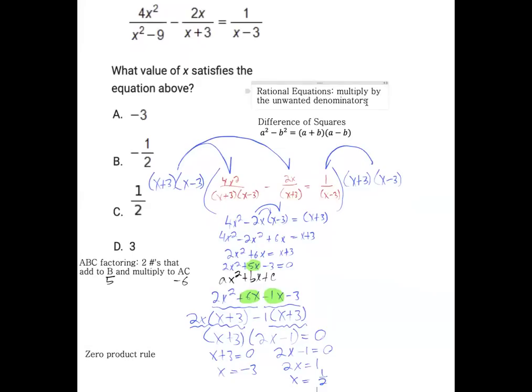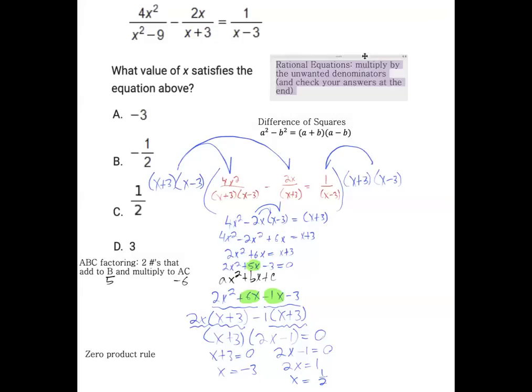For rational equations, you always want to check your answers at the end by plugging them back in. And so here, there are going to be plenty of people who really did understand what to do and got this far and still got it wrong, because negative 3 can't be an answer. When we plug in x equals negative 3, we will get 4x squared over x squared minus 9.